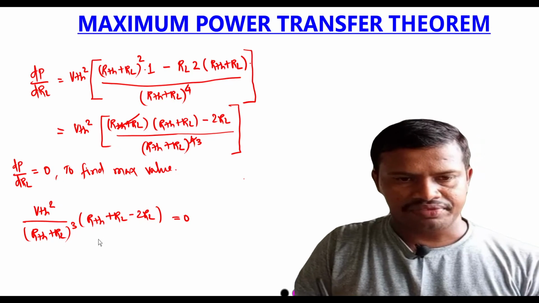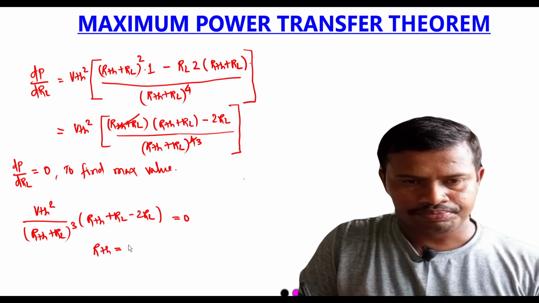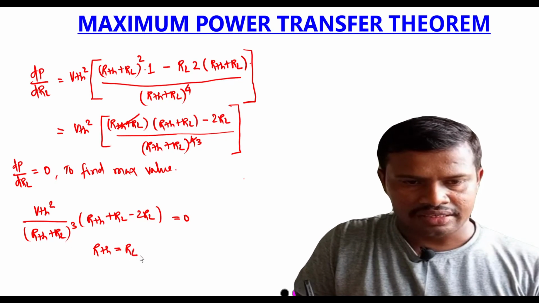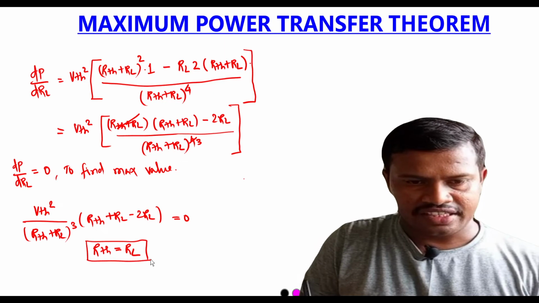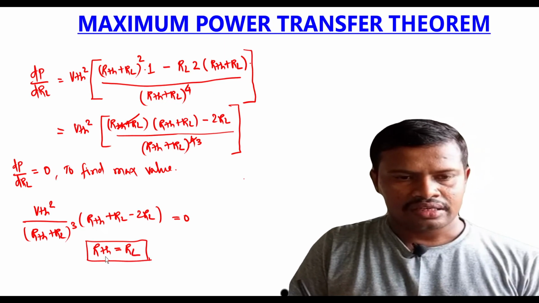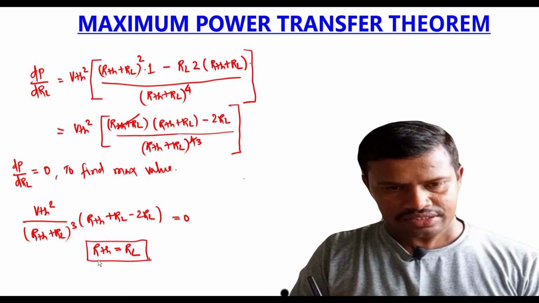Now when we simplify this, we will get RTH is equal to RL. So the load will receive the maximum power when the load resistance is equal to the source internal resistance.